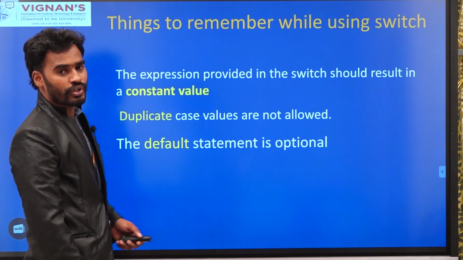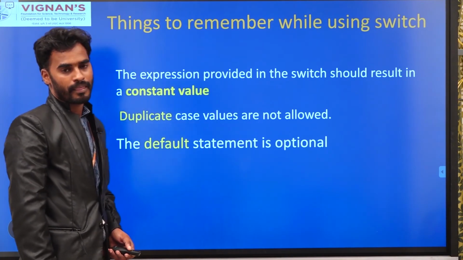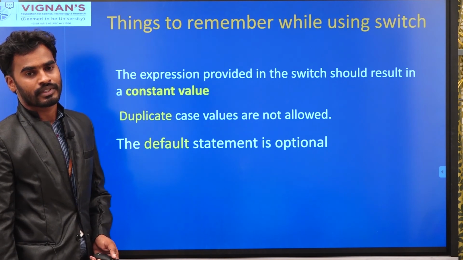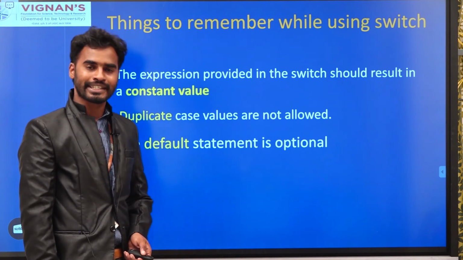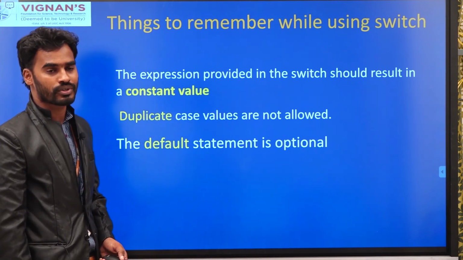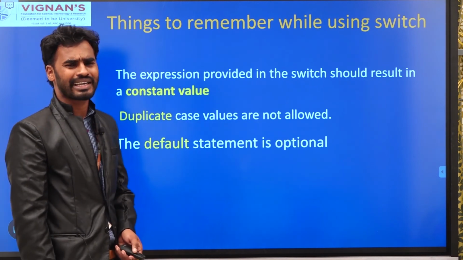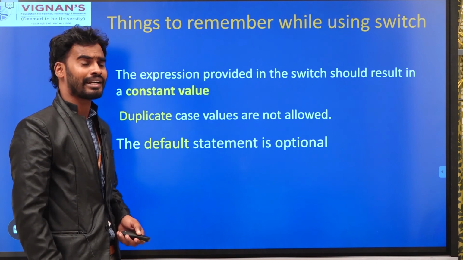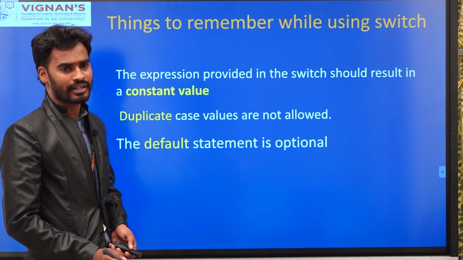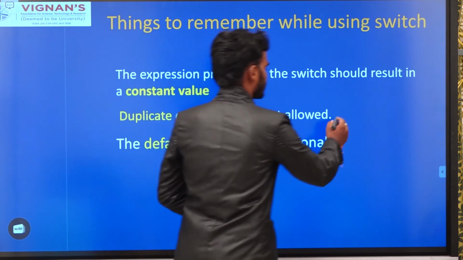There are some things you need to remember in switch case. The value of the expression should always be an integer constant. You are not supposed to give any float. If you want, you can give a character also, because the character again becomes an integer through its ASCII representation.